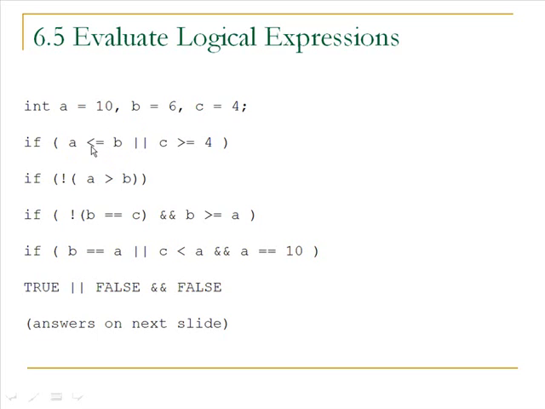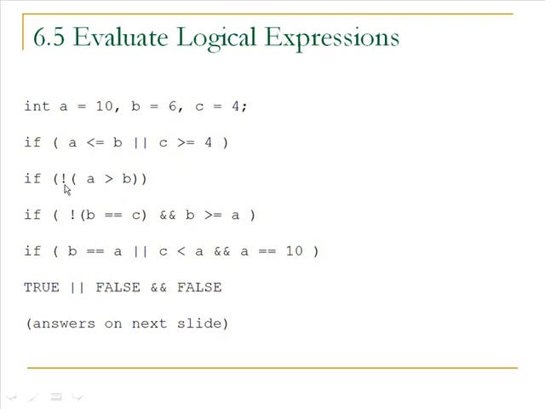That's false. And on the right-hand side, C is greater than or equal to 4. That's true. So we have false or true. Is the whole thing true or false? The whole thing is true. If you remember in the truth tables, false or true is true.